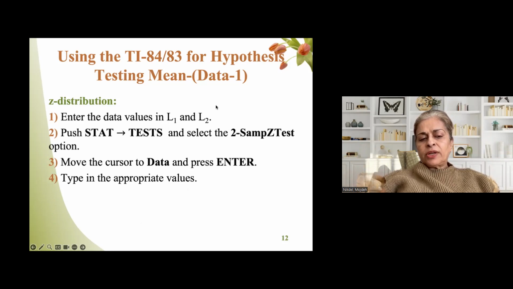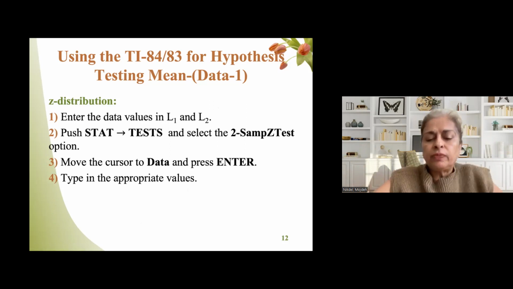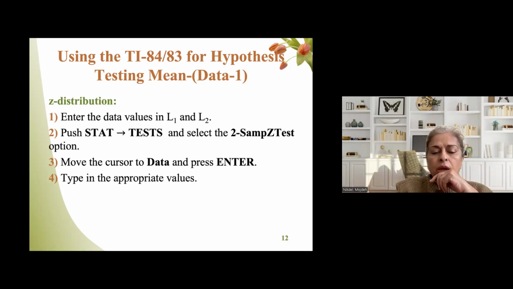After you enter your raw data in list 1 and list 2, let me show you. Hold on a second. You quit that window, the edit window, you click the stat key, then you pick edit.